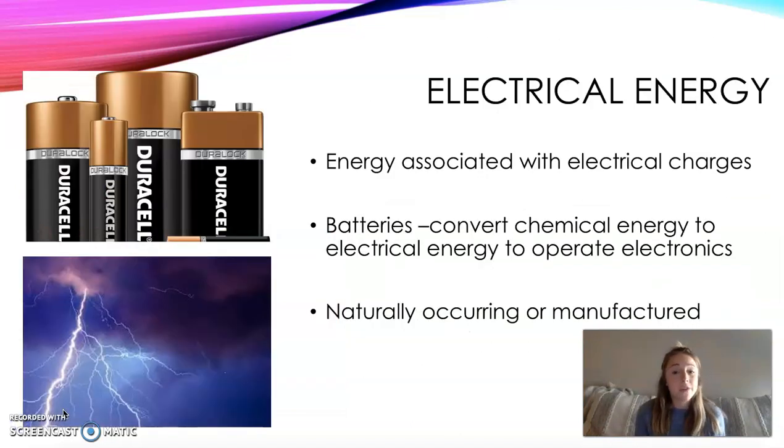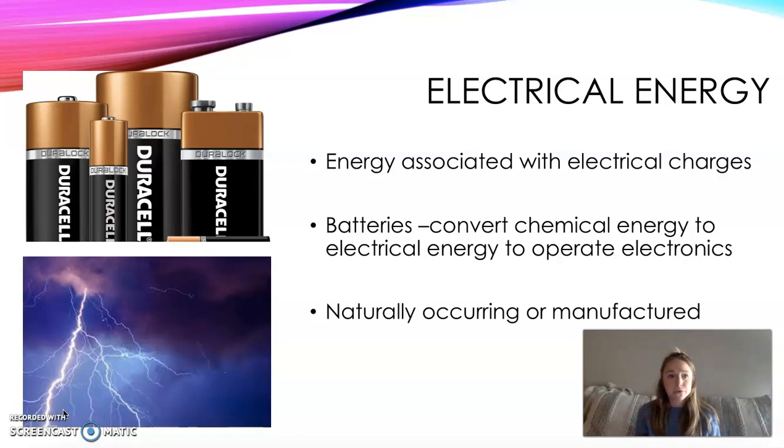Our next form of energy is going to be electrical energy. We use electrical energy in our everyday objects because we use electricity. So energy is going to be associated with electrical charges, and electrical charges can exert forces to do work. So batteries can convert chemical energy into electrical energy to operate our electronics.